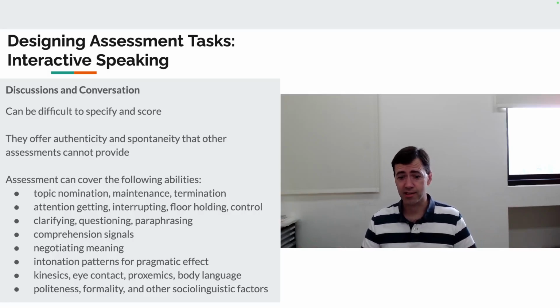Now, I'll be honest, this would be really hard to do in a Taiwanese classroom unless it's structured and everybody has a job and they are required to ask questions and they are required to give feedback. But if you're able to structure it, so you have to really organize and structure this very well, but if you're able to do it, here's the authenticity and spontaneity that other assessments could never do because it's just a real class discussion on a topic.